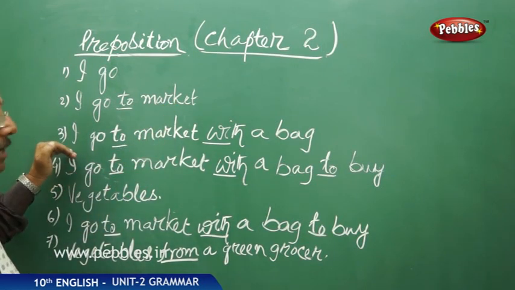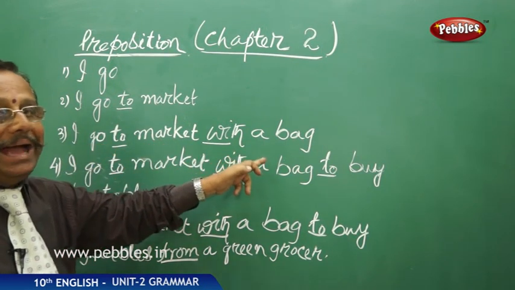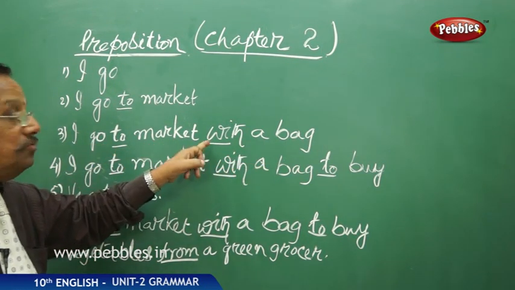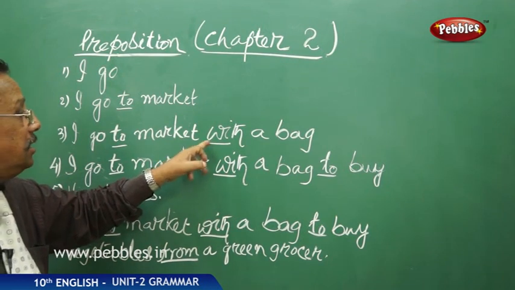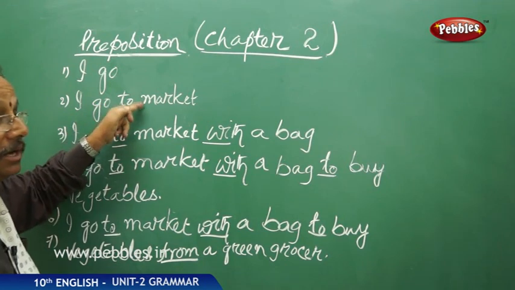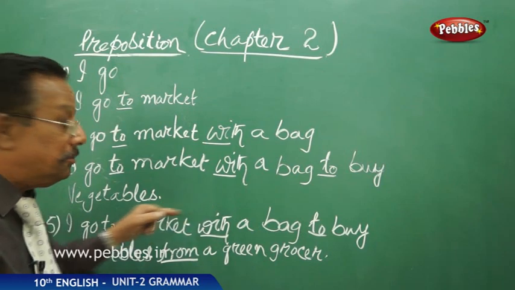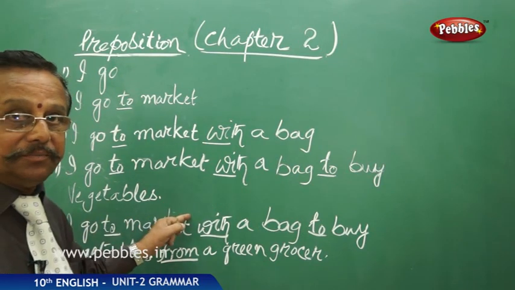Now here, third one, I go to market with a bag. Now I have used with, and with that we could add 3 more words to the same sentence. I go to market with a bag to buy vegetables.